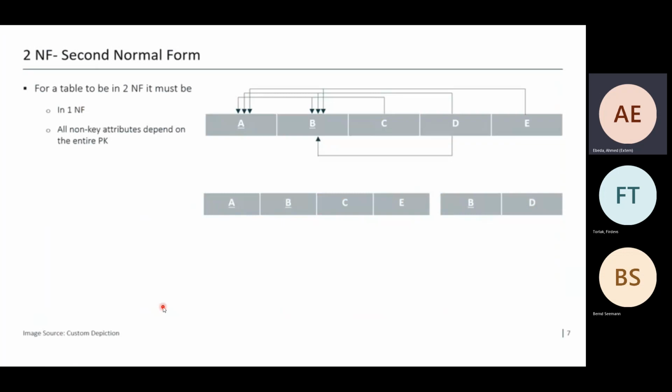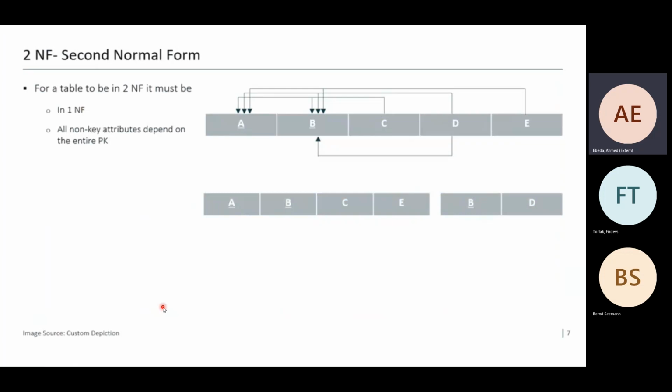In this example, you can see that D, a non-key attribute, depends only on B, which is part of the composite primary key A and B, which means that this table is not in 2NF. To put this table in 2NF, it should be split into two tables. One with B as primary key and D as the other column, and the other table is the original table after removing D from it.